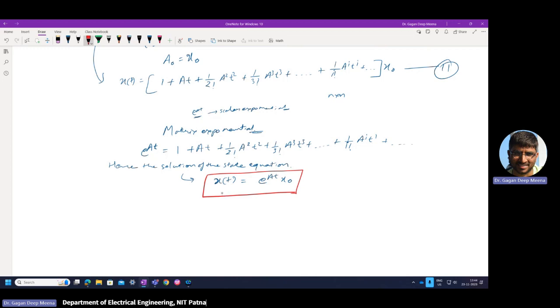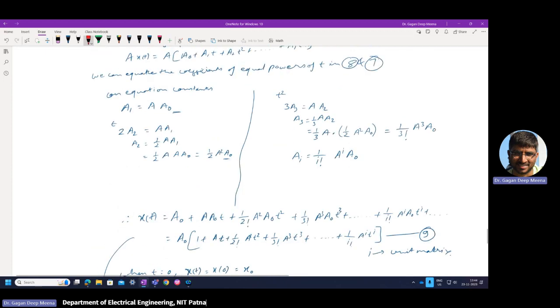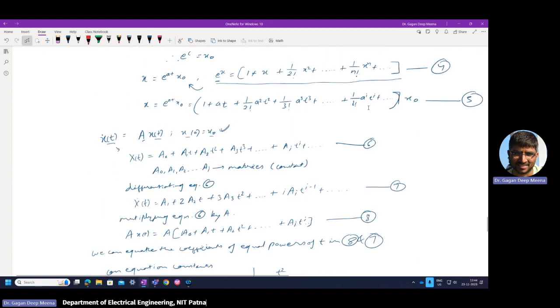Now this was without input. We have not applied any input in the state equation. If you see the differential equation starting from here, you don't have any input quantity. It's a state matrix A, x dot t equals A of x t, and that's it. You don't have the u part in it.